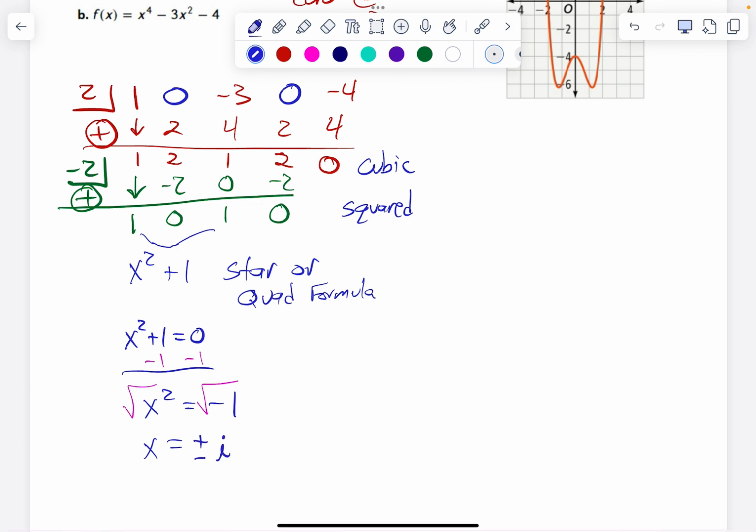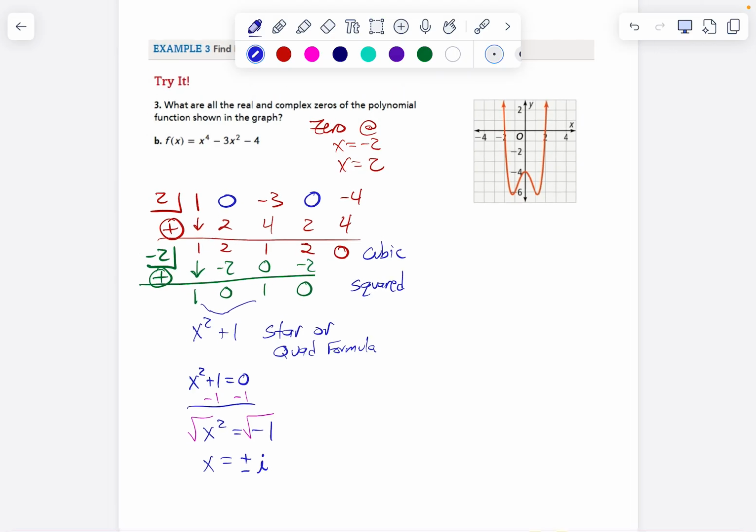Yeah, so positive and negative i. And where in the graph are those coming from? Think about if we shifted this whole thing up, we have this 0 on this arm and that 0 on that arm. But do you see how we're missing 2 zeros on that section? If we shifted it up, that's where the i and -i are coming from. It's those missing zeros that would be somewhere in there if we shifted this whole thing up.